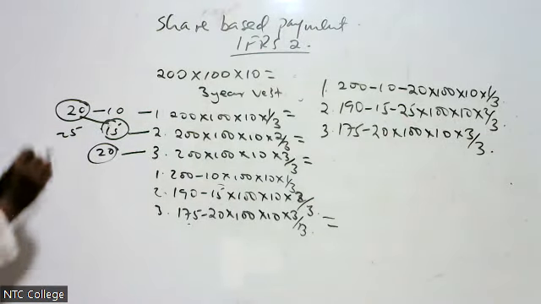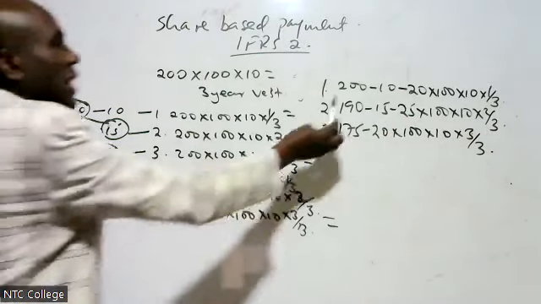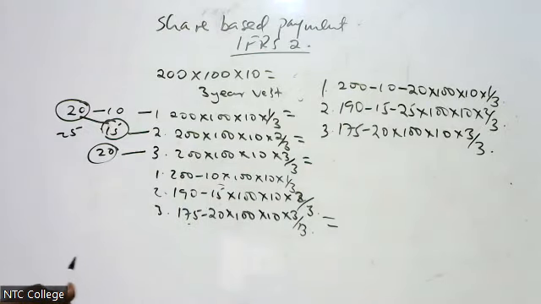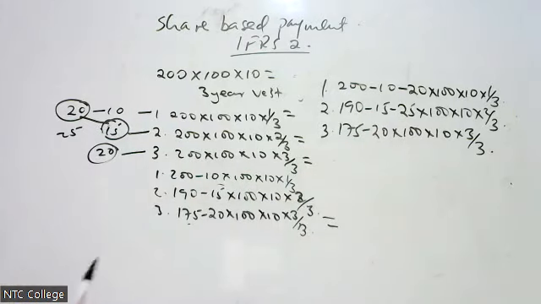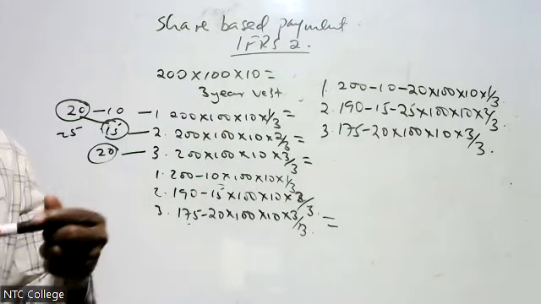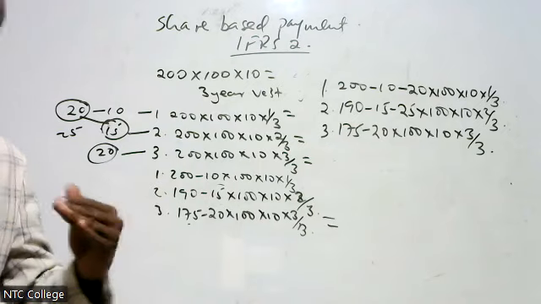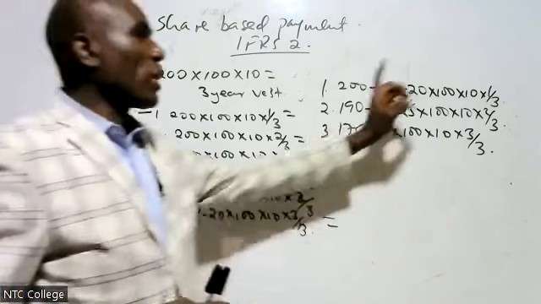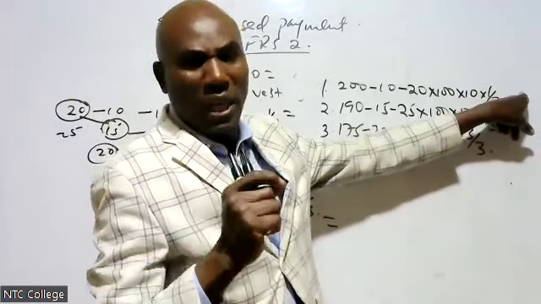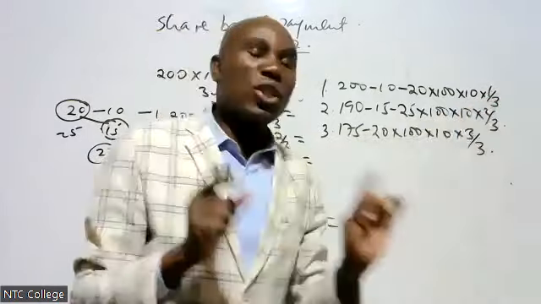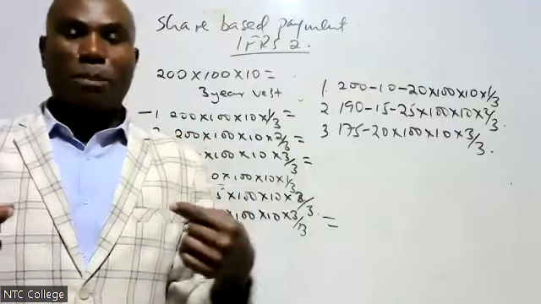Now, why am I using the estimate? Like in year 1, I use the estimate of 20 of year 2. When I come to year 2, I use the estimate of year 3. This is to harmonize the expense that I'm going to recognize in year 1. I just want to harmonize so that I don't over-report the expense.